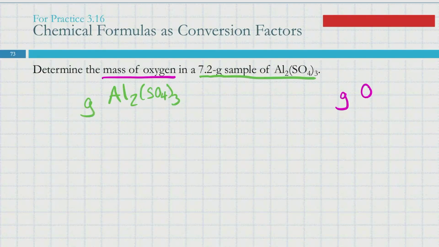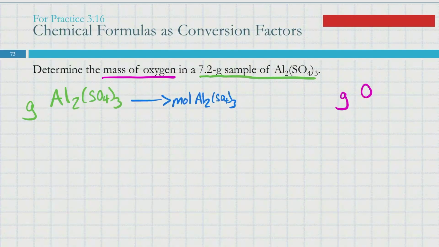What can we get to from grams of the whole thing, Al2(SO4)3? Yeah, we can do grams to moles. So we can get to moles of Al2(SO4)3. What do we need to do that? Molar mass. So we'll have to calculate a molar mass. Can we get from moles of Al2(SO4)3 to grams of oxygen directly, one step?